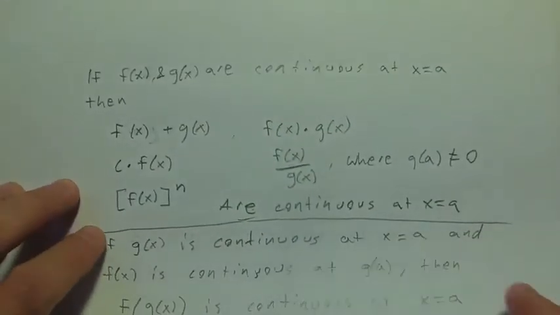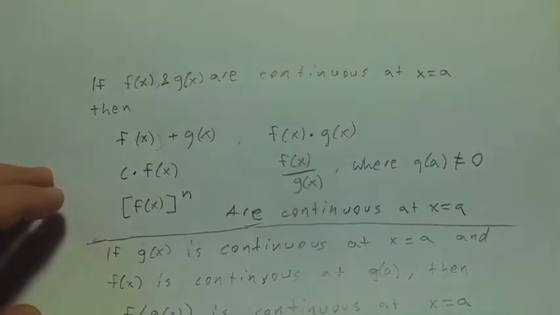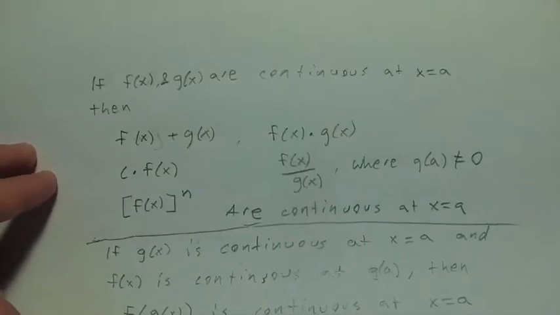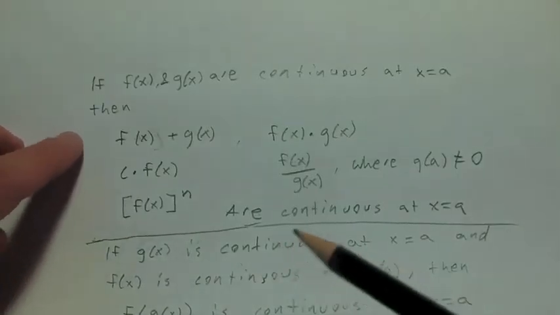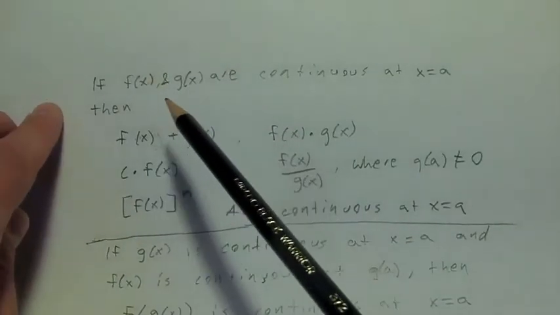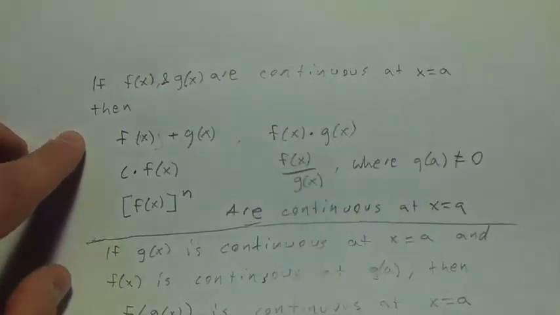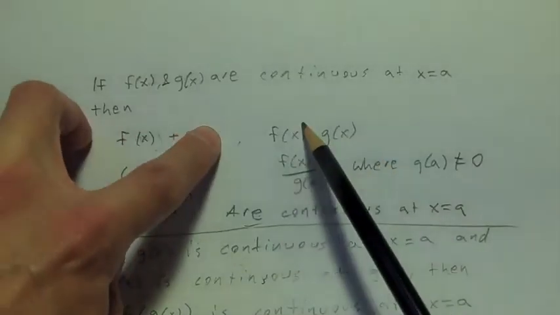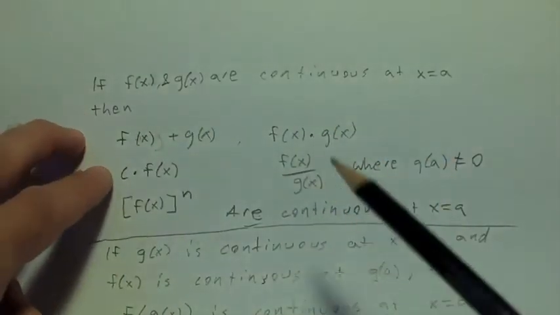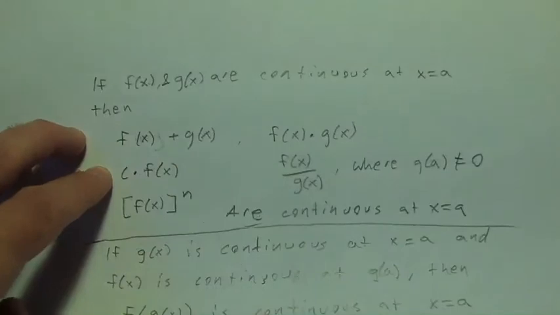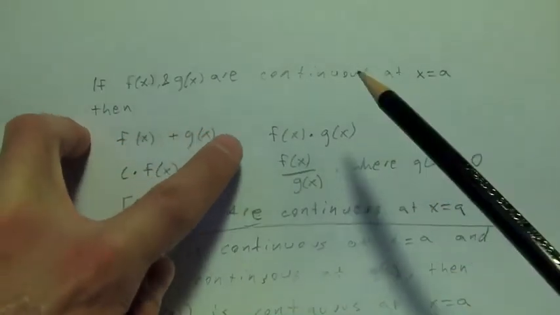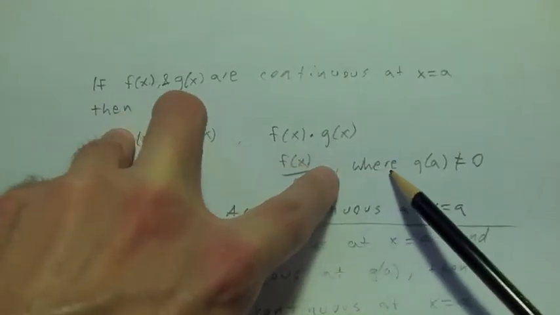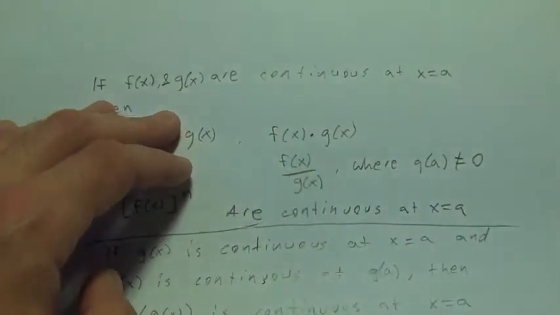Okay, here's some properties of continuous functions, right? We have some properties of limits, logs, all that kind of stuff. And these you've probably seen before. Basically, if f and g are continuous at x equals a, then f plus g is continuous at a, f times g is continuous at a, c times f, where c is a constant, that's continuous at a, f of x over g of x will be continuous at a, provided g of a is not equal to 0, right?